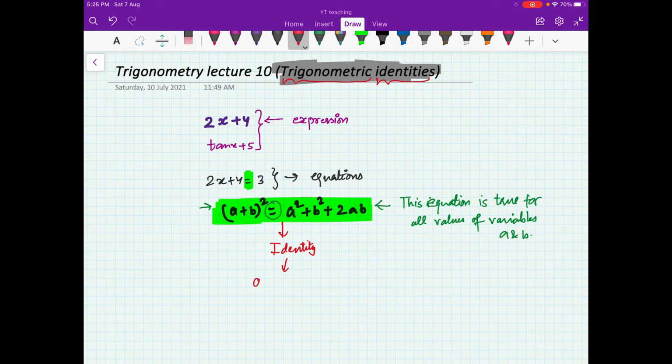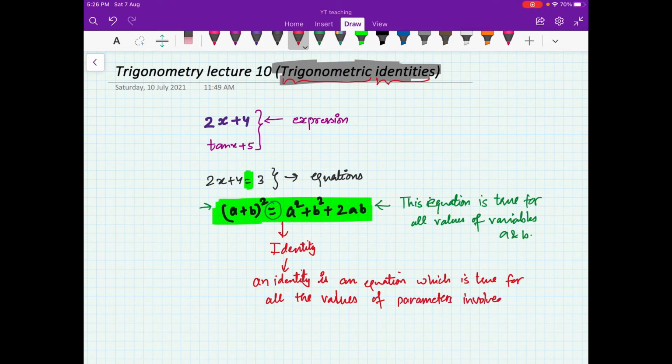Okay, so let me write down. An identity is an equation which is true for all the values of parameters involved.